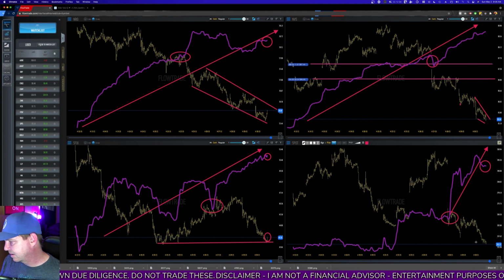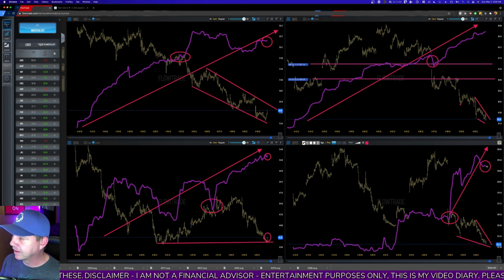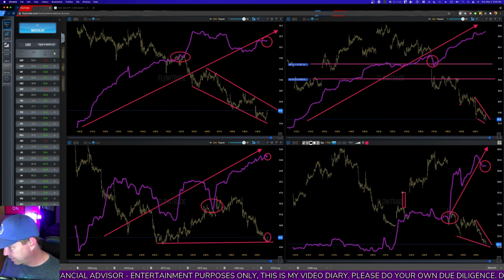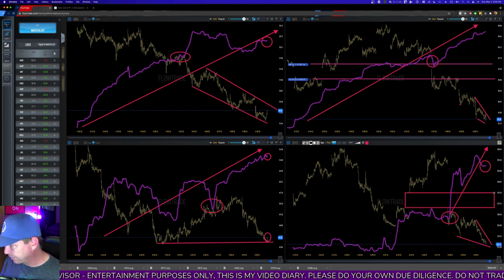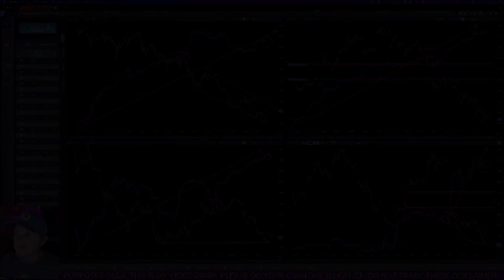Until then, this is obviously not pretty for Spotify. We would need to break that for the next move up. We do have the gap that needs to be filled here, this area, that area there.